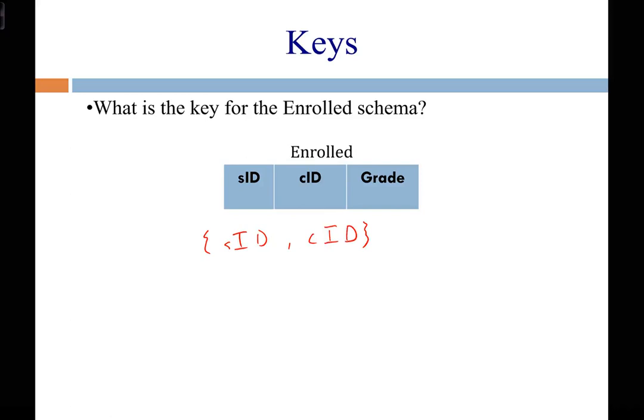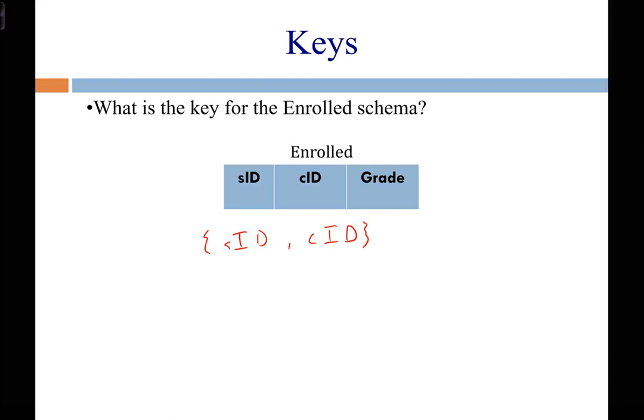So let's say this is the key. What this means is that a student cannot take the same class twice, or a student cannot show up in this table having taken the same class again.